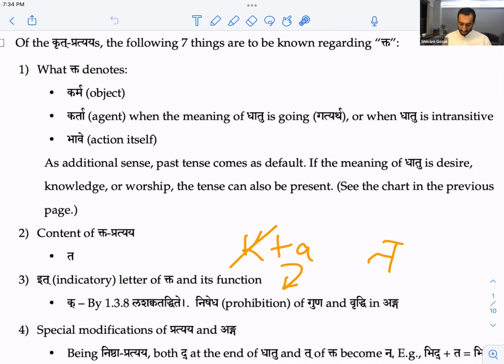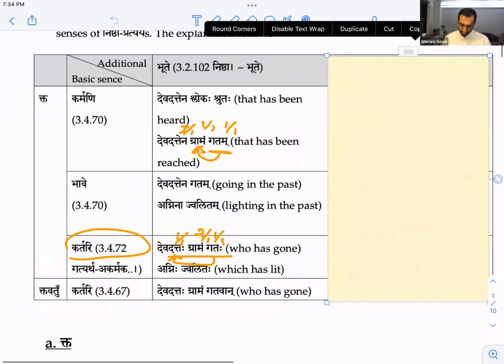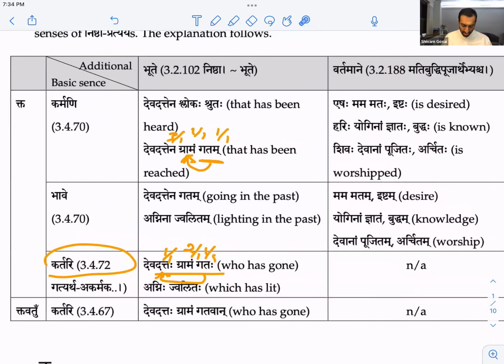Okay, so if we were to look at the chart here, so usually it's karmani bhute, right? And so you get these type of sentences, karmani bhute. It can also be bhave or kartari, right? It can be kartari when it's gatyartha or akarmaka. It can also be vartamana, meaning present tense. It can also be present tense when the meanings are desire, know, or worship.